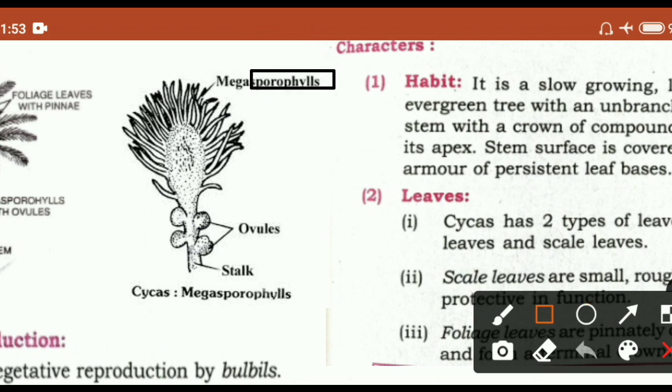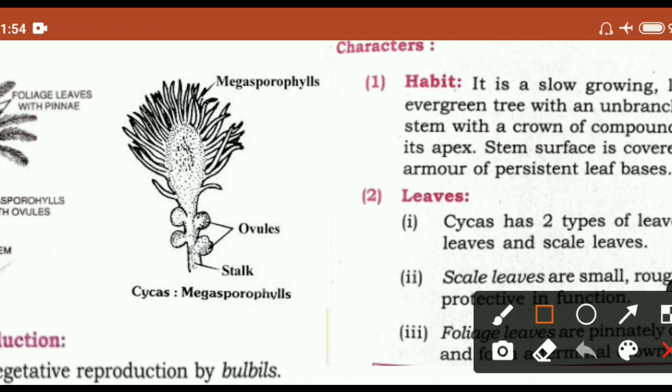Now there are two types of sex organs. One is the microsporophyll and the other one is the megasporophyll. So both male and female parts, the sex organs, look like leaves, and they have the ability to produce spores. So that's why they are sporophylls. How do you remember which one is micro and which one is mega? See, understand this.